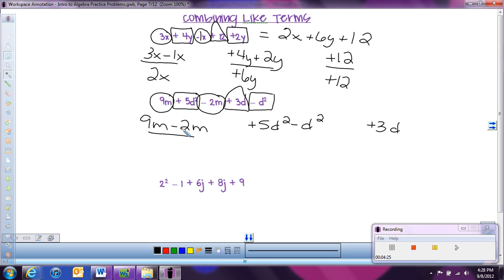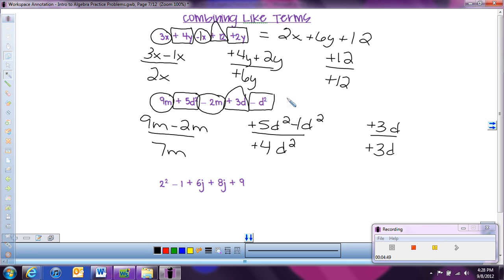Here we have 9m minus 2m. 9 minus 2 is 7m. Here we have positive 5b squared minus b squared. Remember, there's an invisible 1 right in front of it, so it's really like 5 minus 1, which is 4b squared. That's positive. And here we have 3b still hanging out by itself.